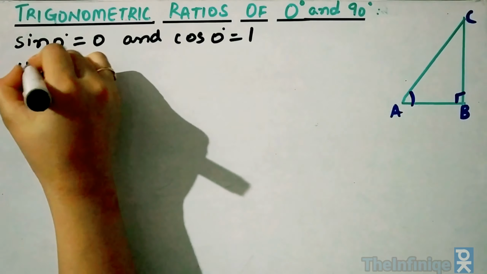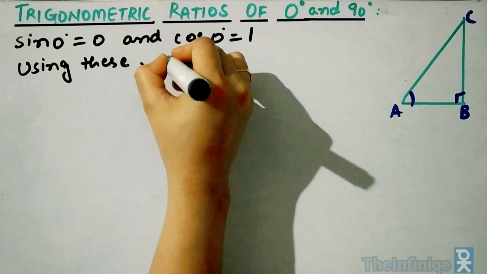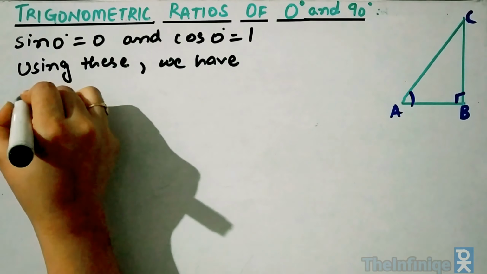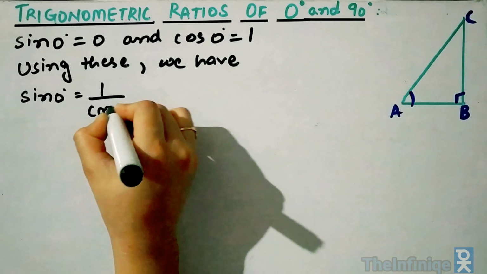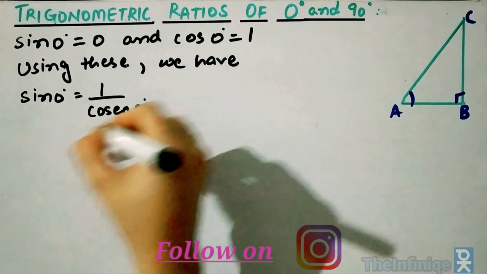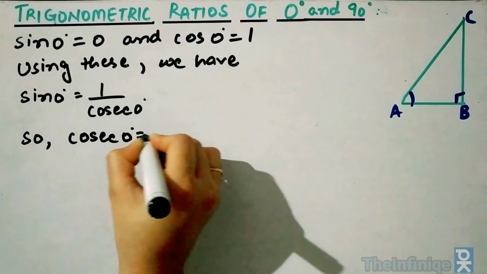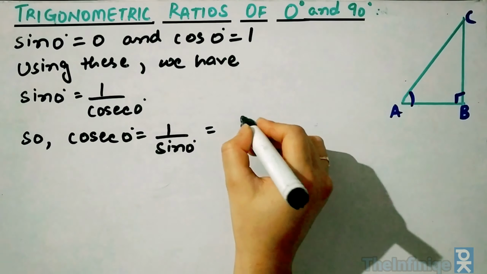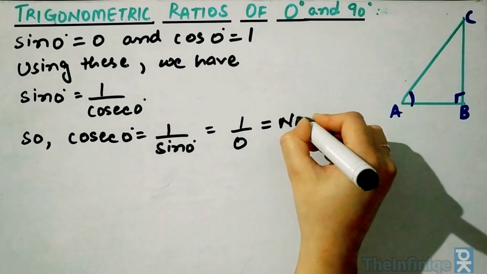Using these values, we have sine 0 is the reciprocal of cosec 0 degree. So cosec 0 degree is equal to 1 upon sine 0 degree, which is equal to 1 upon 0, and it is not defined.